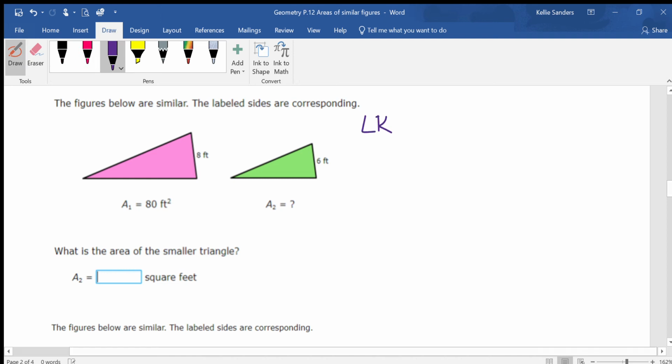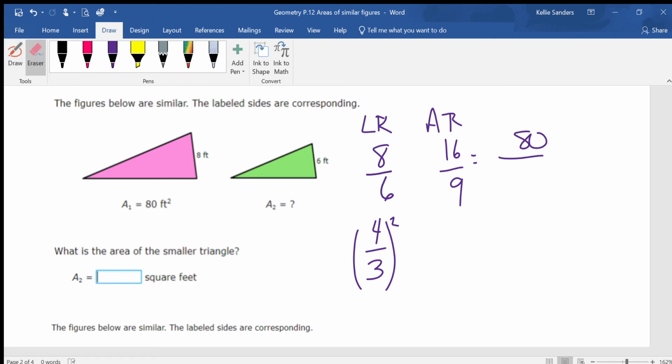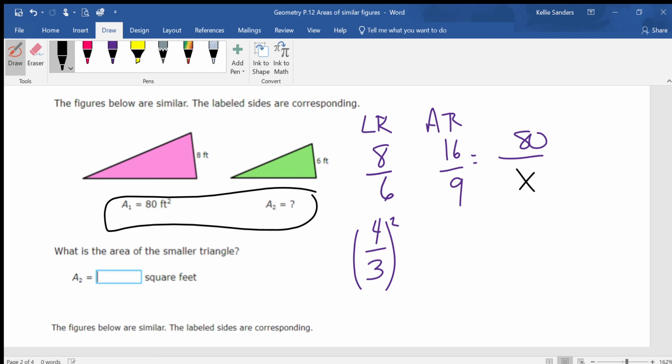The length ratio is 8 to 6, but I'm going to reduce that to 4 to 3. The area ratio of 4 to 3 is 16 over 9. Then we use what we know and what we don't know.